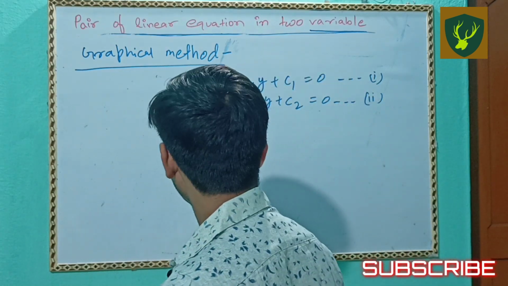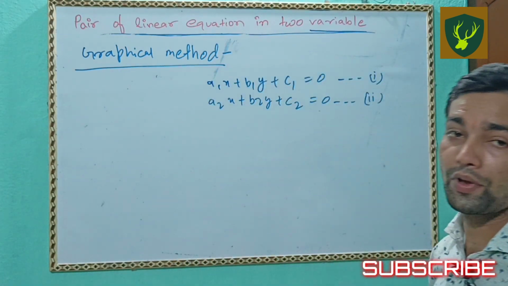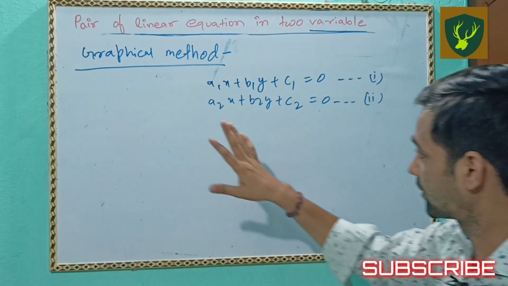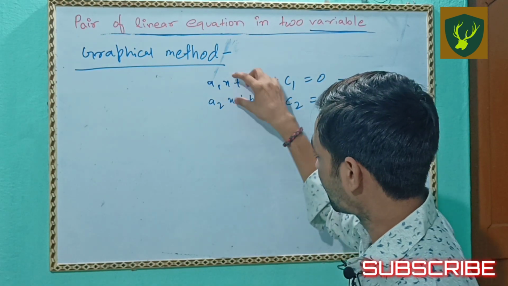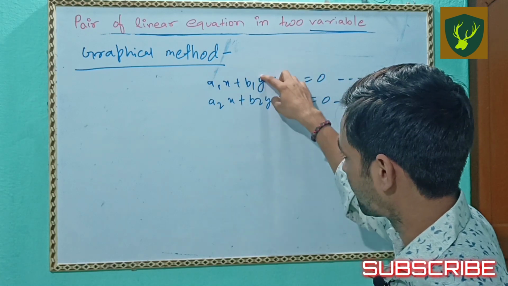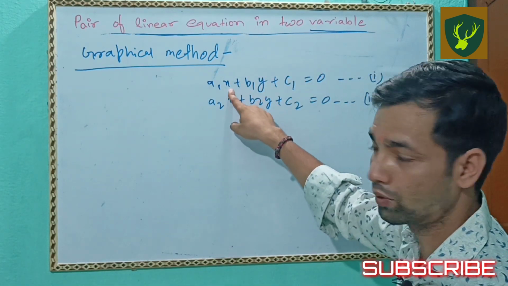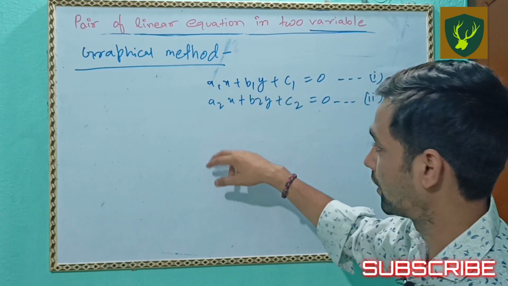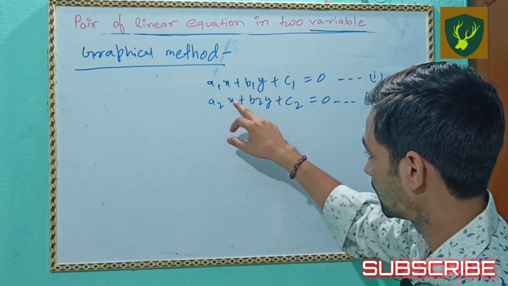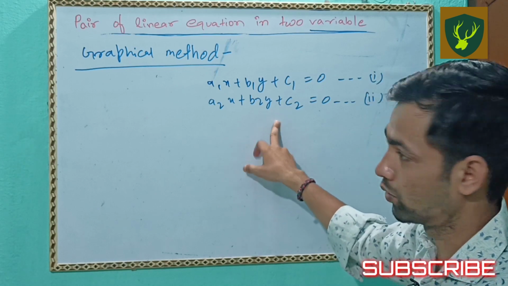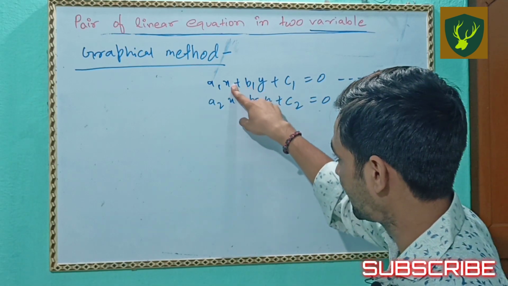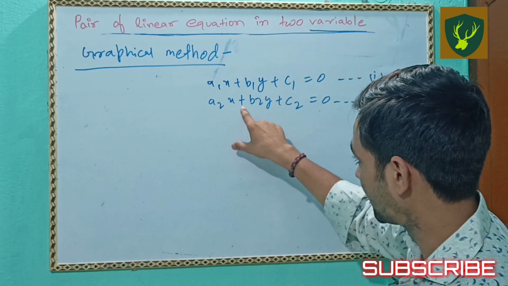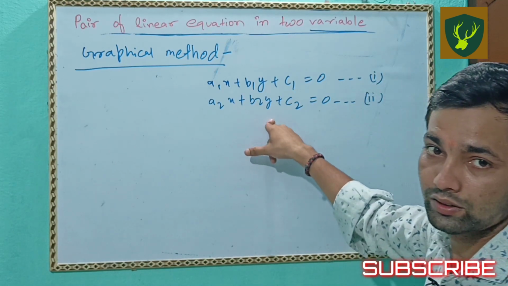After this, how will we proceed? First we will compare the ratios. Here the variables will be the same. If the first equation carries x and y, the second equation will also carry x and y.